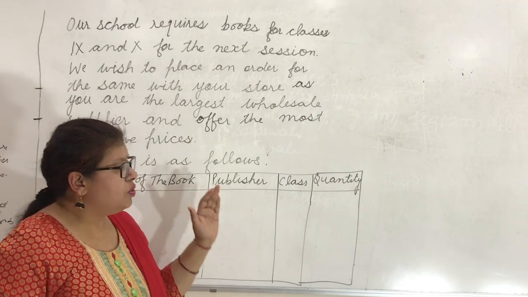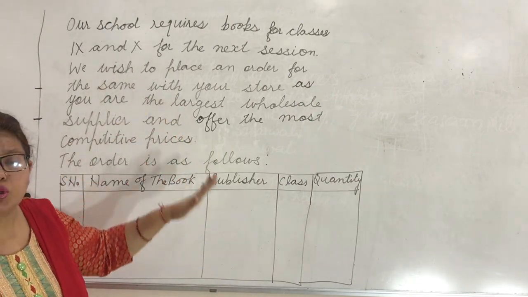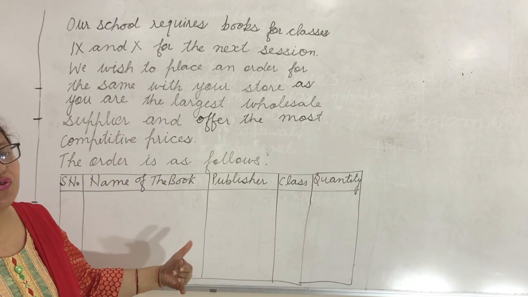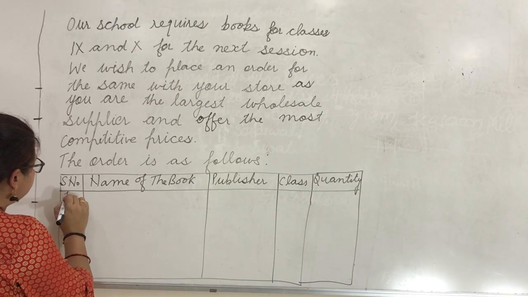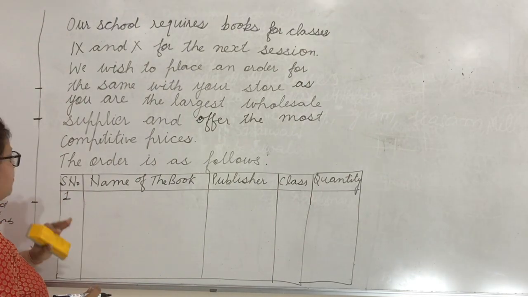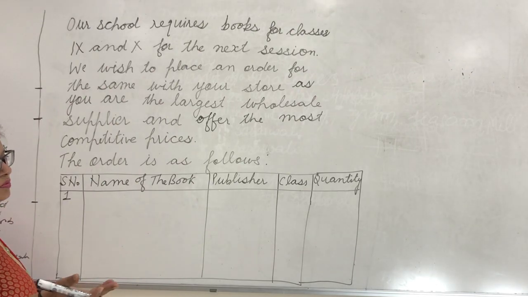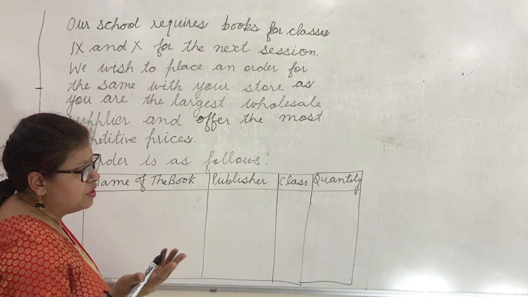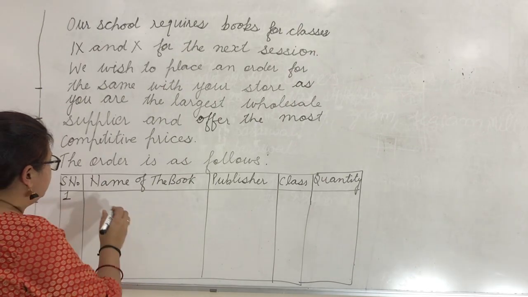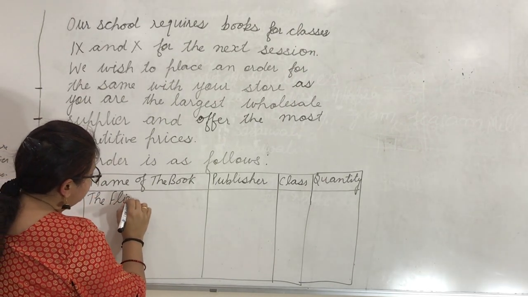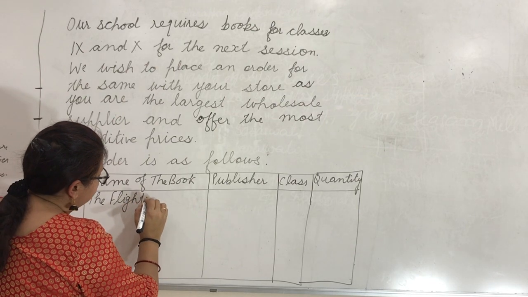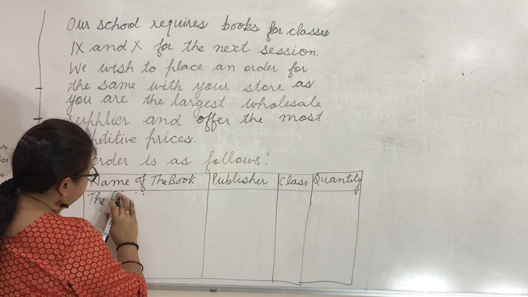Okay. So as far as this question is concerned, let's move further. Serial number. So I'm writing serial number 1. Name of the book. Write the book of your English, the first flight. That is your book of English.